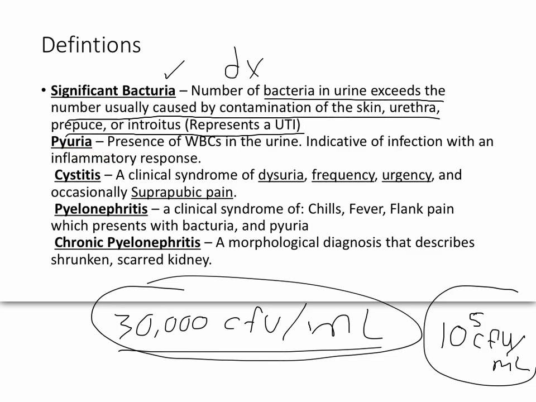Pyuria, this basically means pus, or in other words, white blood cells. The presence of white blood cells in the urine. So it's really indicative of an infection that is causing an inflammatory response. In other words, a UTI. However, it can be seen without bacteria, and whenever you see pyuria without bacteria, you want to think of three things.